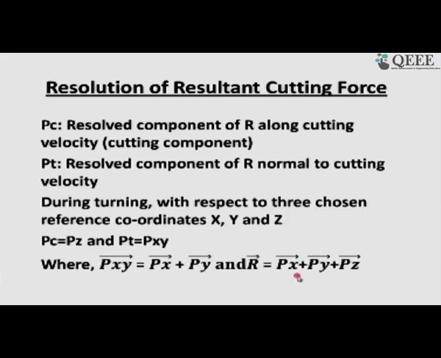So, friends, reminding you that Px, Py, Pz are to facilitate measurement. However, we have also noted that Pz into Vc gives you the cutting power. So, for estimation of the cutting power, you need to know Pz, and then feed force into feed velocity gives you the feed power. However, feed velocity is marginal compared to the main cutting velocity, so we can ignore it.